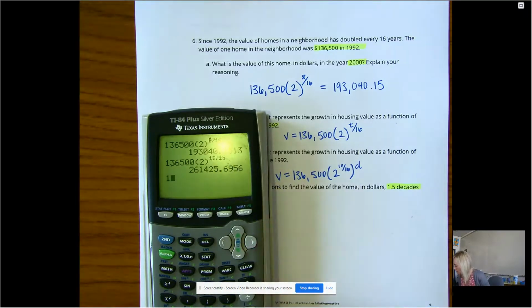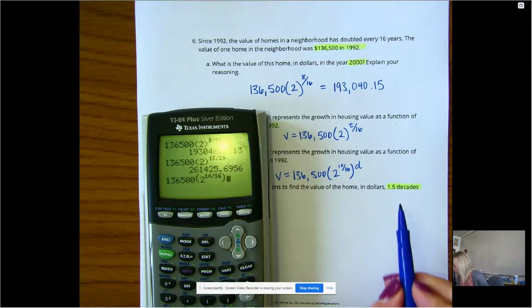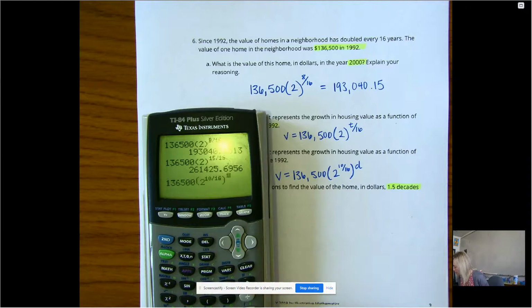I'm going to use the second equation and just see if I get the same thing. So 136,500, and then I said 2 to the 10/16 would represent the rate of change for a decade. And then for every decade, so now I am going to use 1.5 because it's 1.5 decades.